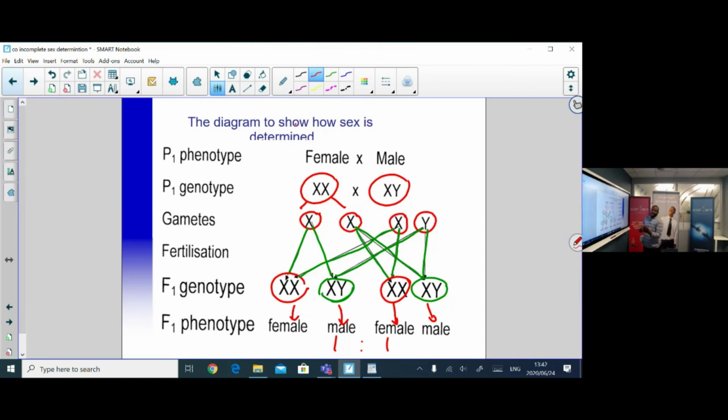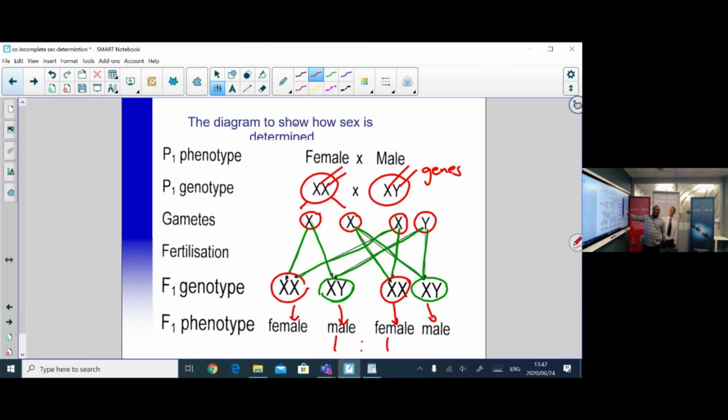From sex determination, let's move on to sex linkage. We determined our sex. We now know X and Y. But there are other traits which are carried on these chromosomes. They are genes which determine a lot of things in man.